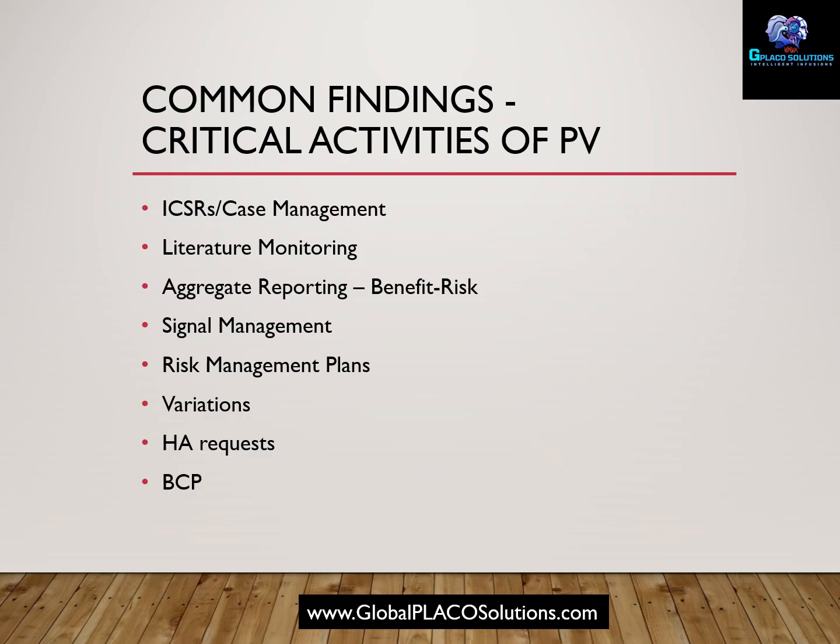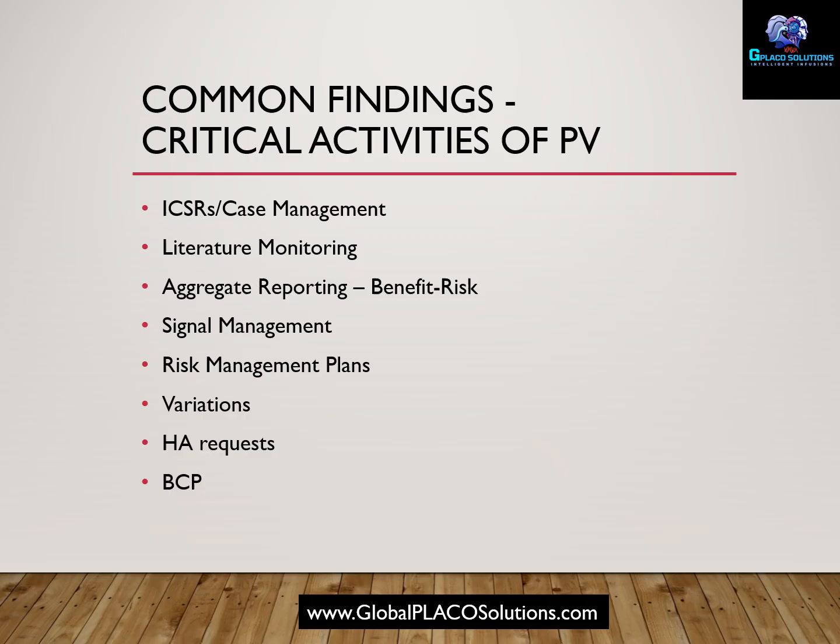Now most of you will have questions, or the clients will have, what are the common findings and how do we address them, and what will the audit report contain. So for better understanding, I have classified the common findings into critical activities of PV and other common findings.